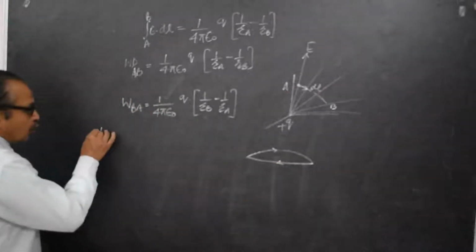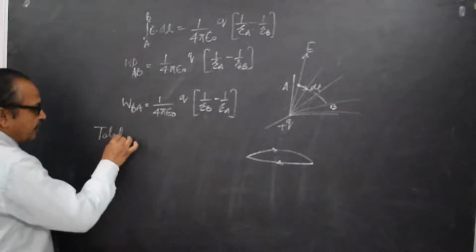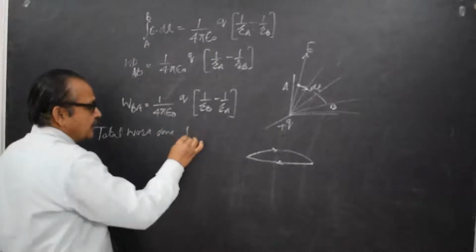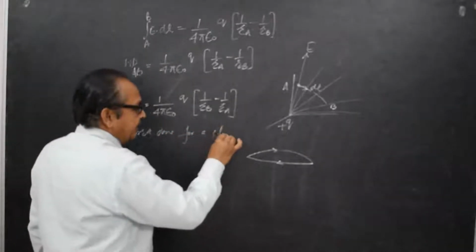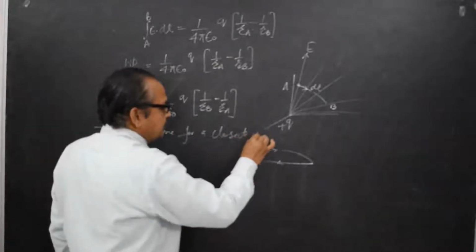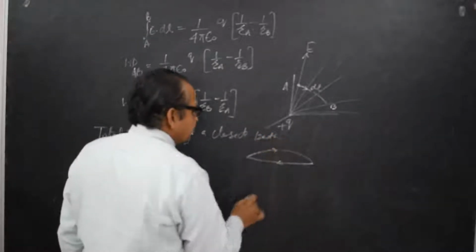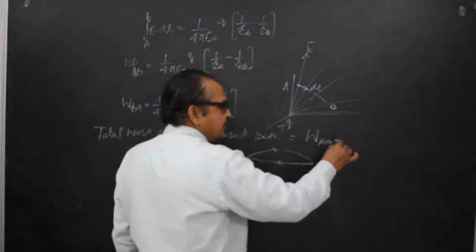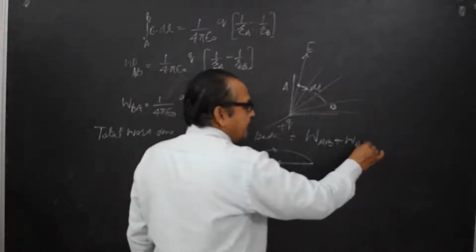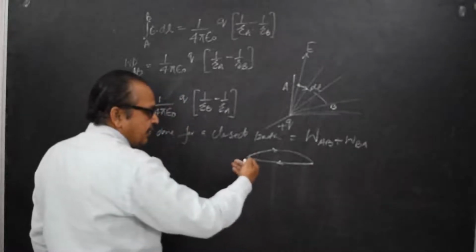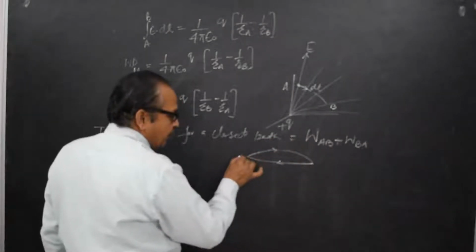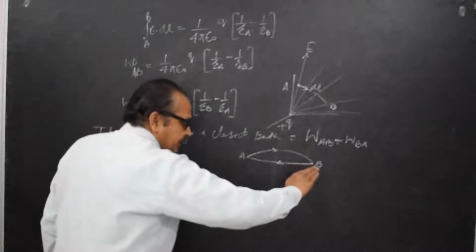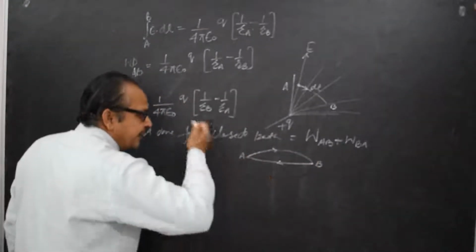It means the total work done for a closed path will naturally be WAB plus WBA. The total work done will be the work done in moving from A to B and the work done in moving from B to A.